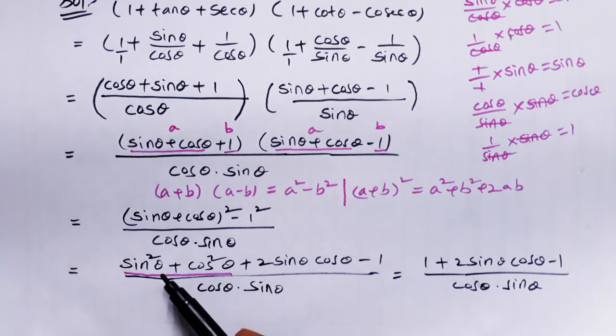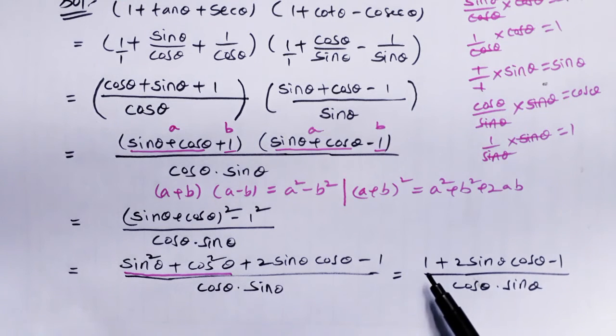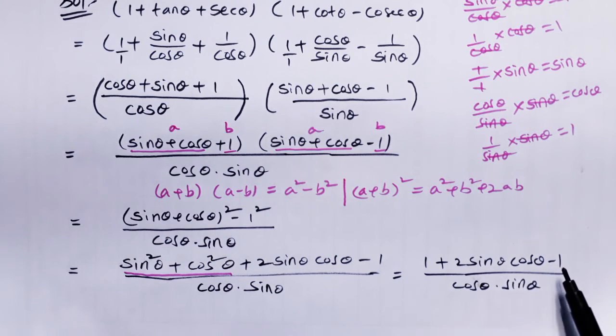This answer, no, sin square theta plus cos square theta, I wrote 1. Why? Because there is one identity, plus 2 sin theta cos theta, as I wrote as it is, I wrote here, minus 1 also I wrote.